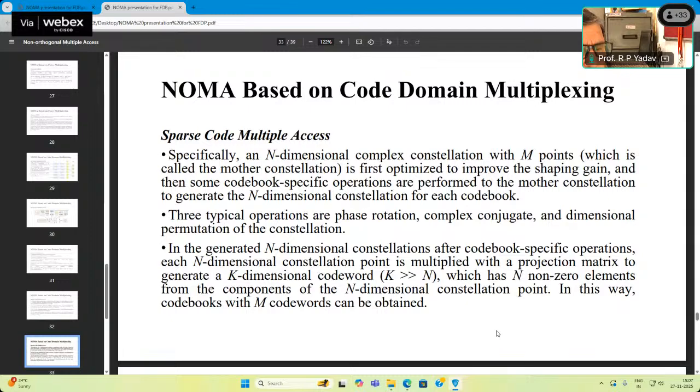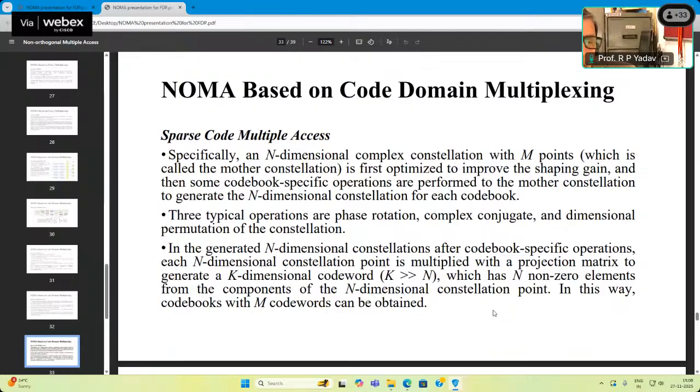But anyway, if the constellation is changing, the constellation provides me some gain. Three typical operations are phase rotation, complex conjugate, and dimensional permutation of the constellation. Phase rotation is very simple to understand. Then we can do a complex conjugate operation or dimensional permutation.